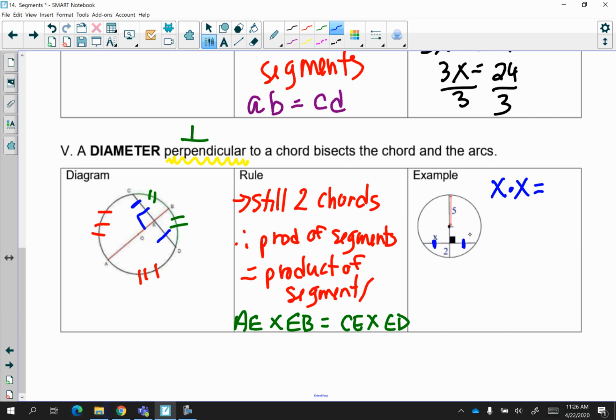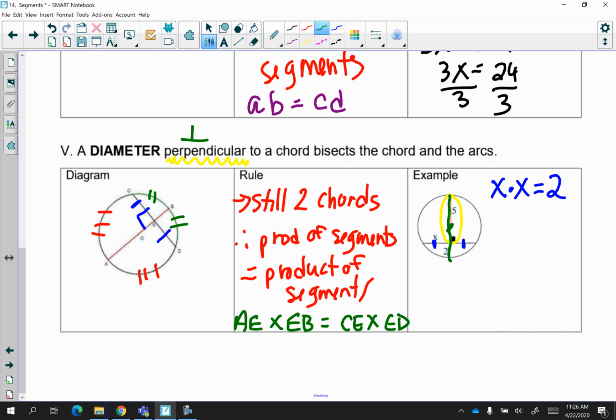We can clearly see that this piece is 2. But what is this piece here? That's a little bit trickier. Well, if you look from the center to the edge is a radius, and that's 5. Remember that all radii in the same circle are congruent. So from here to here is a radius. Oh, but wait a second.